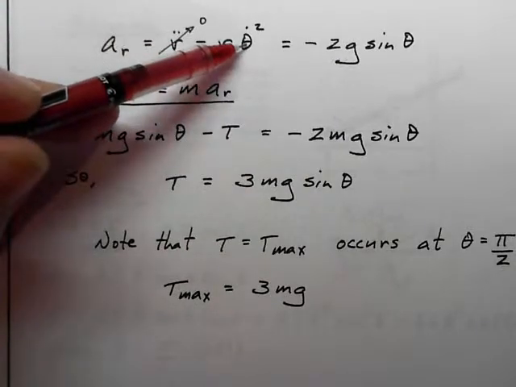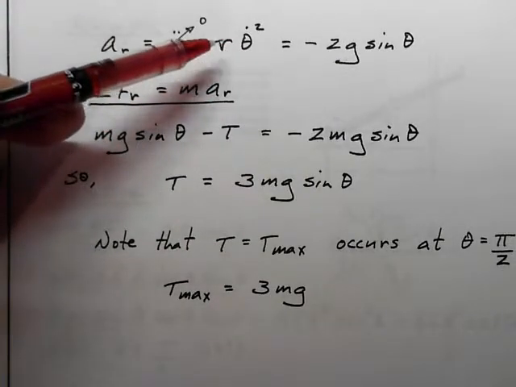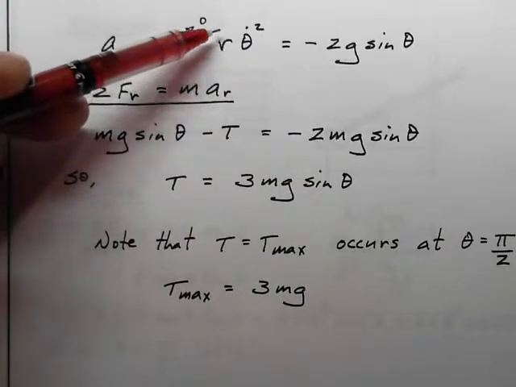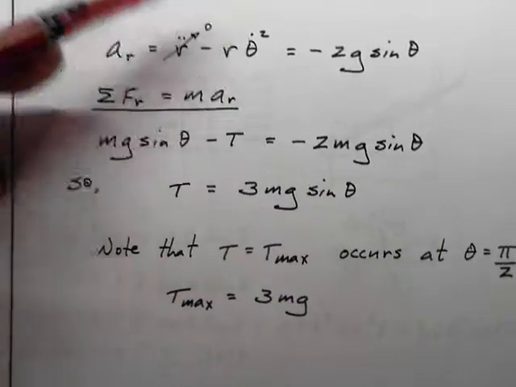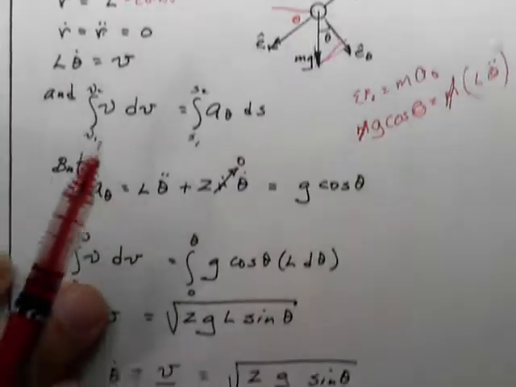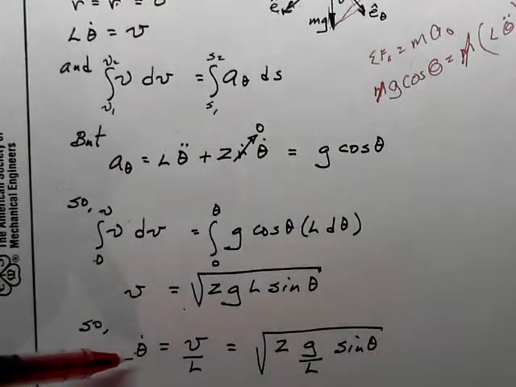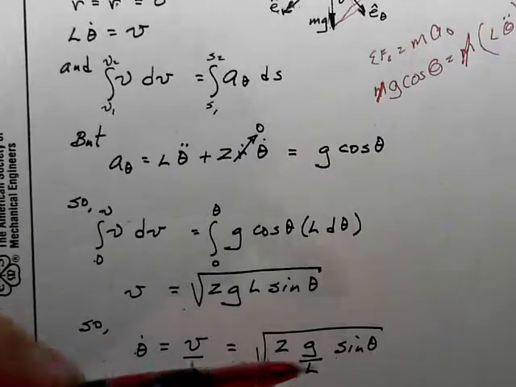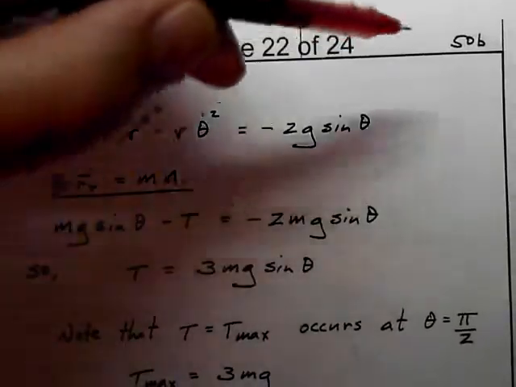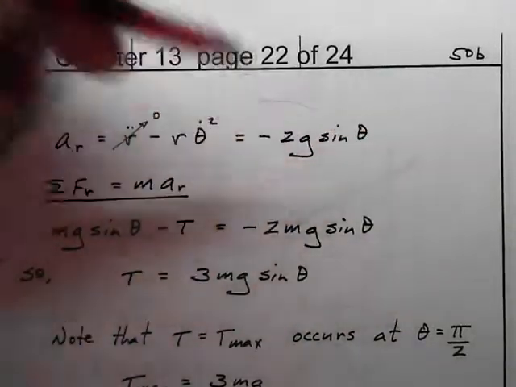Now, where does this term here come from? r theta dot squared. This comes from, well, first of all, r is equal to L. So this is really L theta dot squared. And from the previous page, theta dot is that. Therefore, L theta dot squared will get rid of the square root, and it'll actually cancel the L. So from the previous page, a r was that.